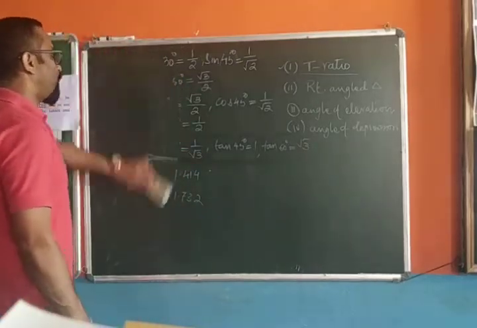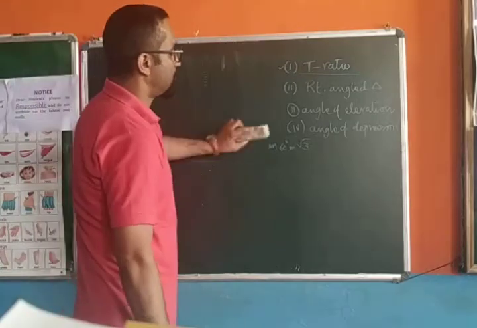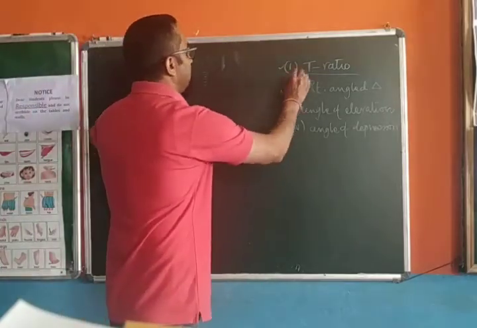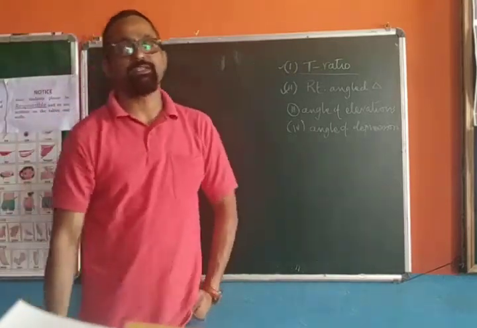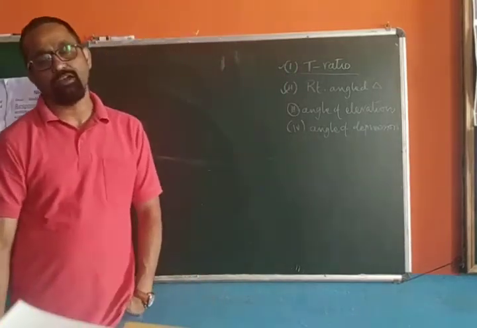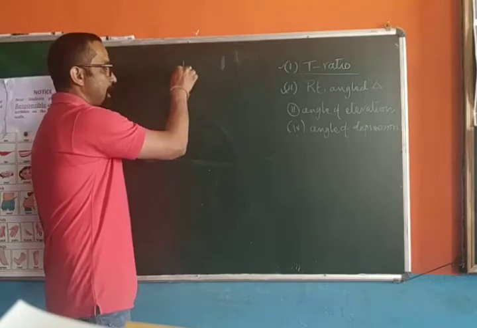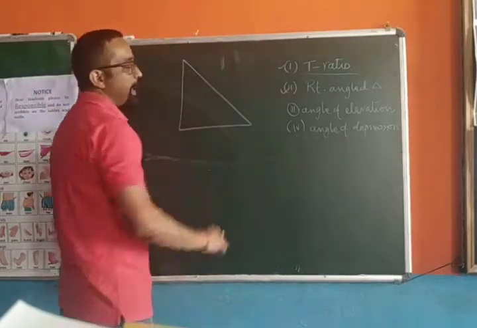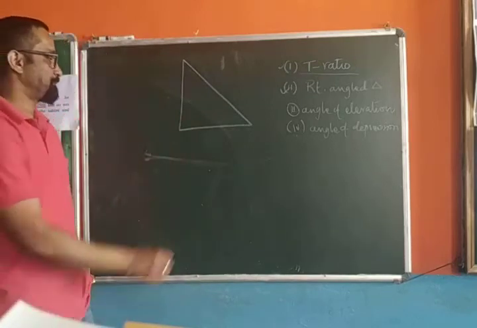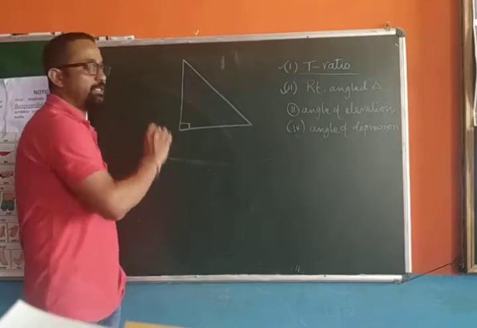Now second topic, second term is right angle triangle. Heights and distances is based on a right angle triangle. Right angle triangle is a triangle in which one of the angles is 90 degree.